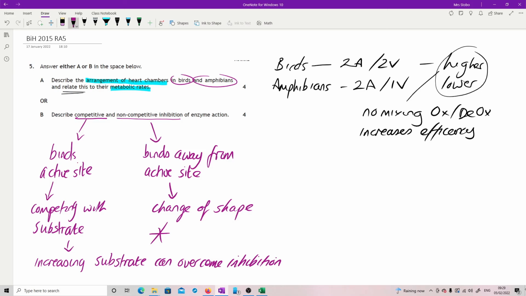So this doesn't work because this is irreversible. This is not going to be affected by the increased substrate concentration. There's your 4 marks again for that one. Either of these wasn't a bad choice, actually, as long as you know your stuff, obviously. And yeah, moving on.